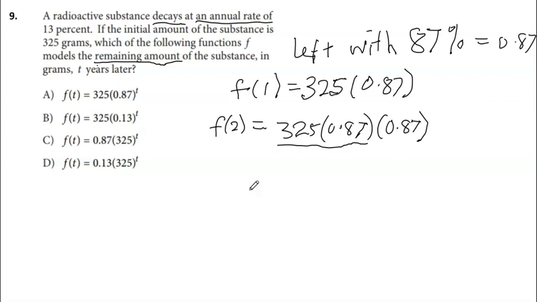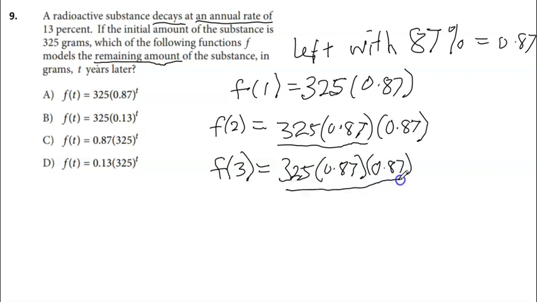So with these two, we've seen a trend, but let's do a third one so it's clearer. After the third year, what do I have? I'm going to have this whole remaining amount from the second year decaying by 13%. So I'll have 325 multiplied by 0.87 multiplied by another 0.87.